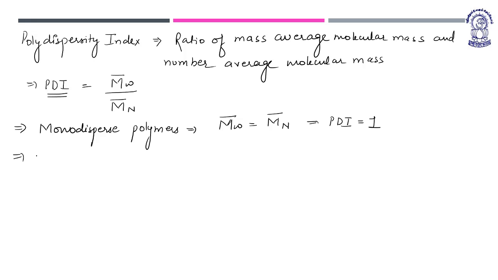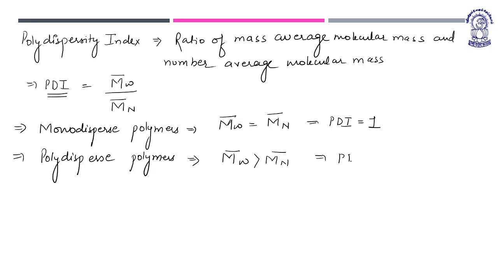Then polydisperse means they have a wide range of molecular masses. So for this, Mw is greater than Mn and PDI is greater than 1.